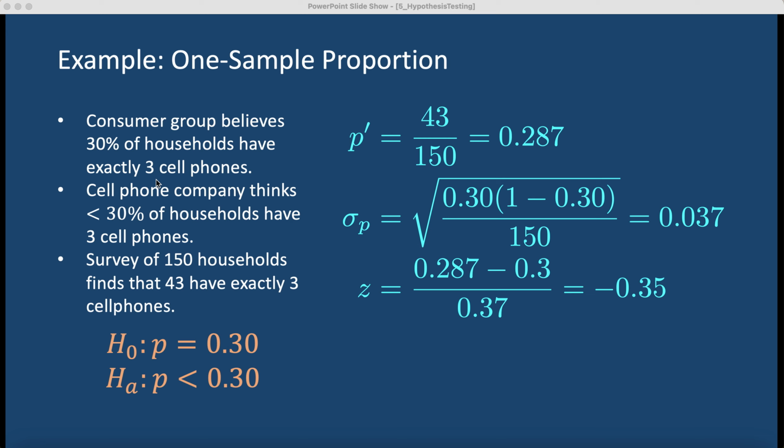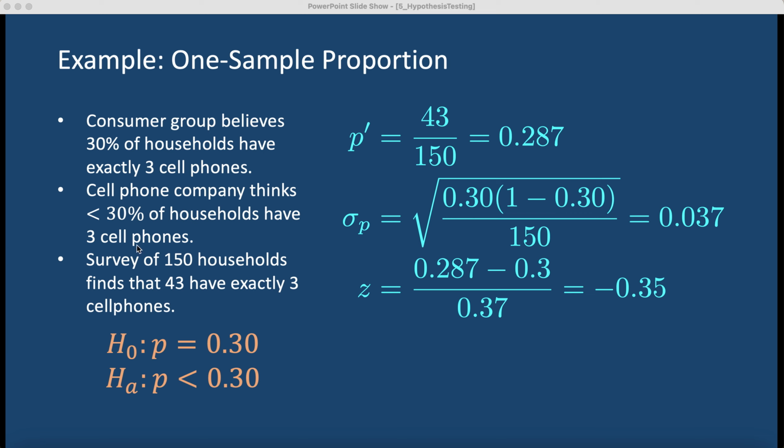In this case, 30% have exactly three cell phones. So a proportion of 0.3 having exactly three cell phones. The cell phone company gives us the alternative. They think it's less than 30%, so the alternative here is p is less than 0.30.